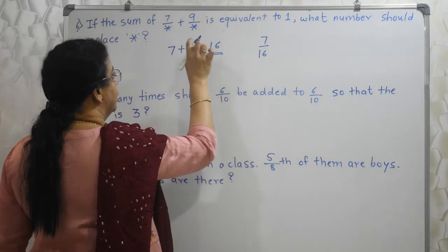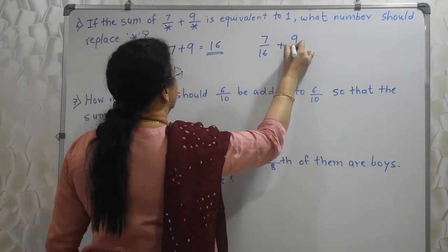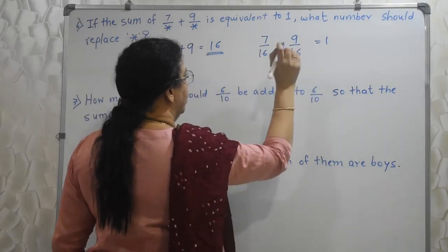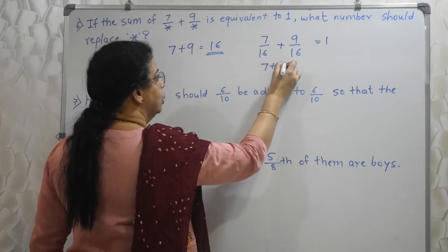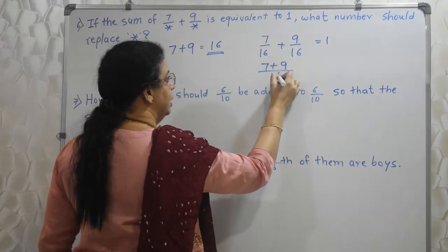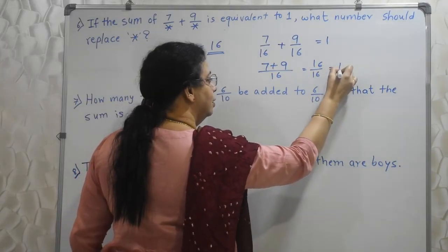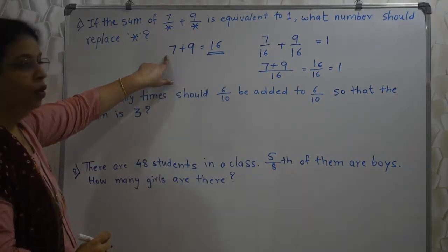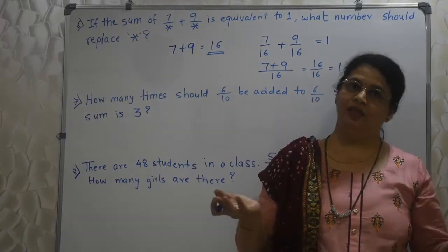Now I am replacing asterisk with 16. Equivalent to 1 means equal to 1. They want this value to be 1. So how? Now you know how to do addition. 7 plus 9 upon 16. That is 16 upon 16. That is 1. So this is correct. You saw? So how we came to know about the answer? Only we added the numerators and answer is ready.